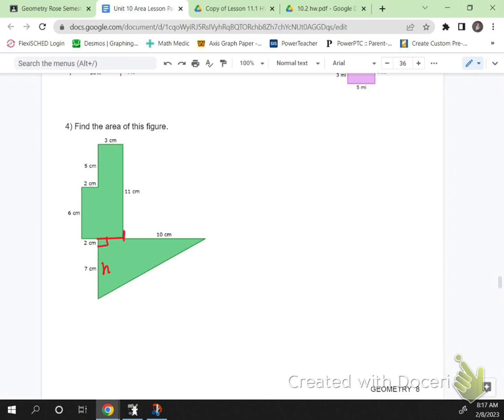This is 10. This is 3. Do you see that? Carries down. So 1/2 times 13 times 7. What's the area of that triangle? If you ever are having issues typing 1/2 in your calculator, you could always write 0.5. 45.5.